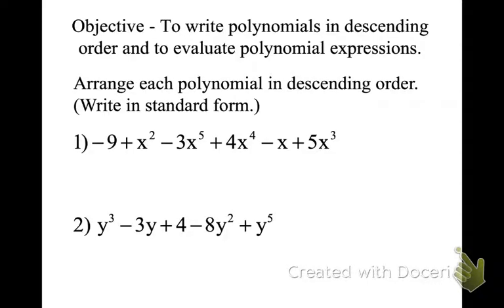Number 1, we're not doing all examples, so don't write them. Please write the first example, number 1. It's negative 9 plus x squared minus 3x to the 5th plus 4x squared minus x plus 5x to the 3rd.